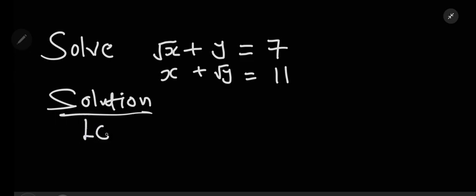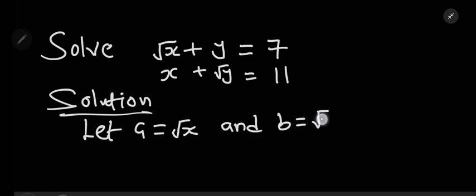Let a be root x, and b be root y. And of course, without solving anything, we should know that the values of x and y will be 4 and 9.